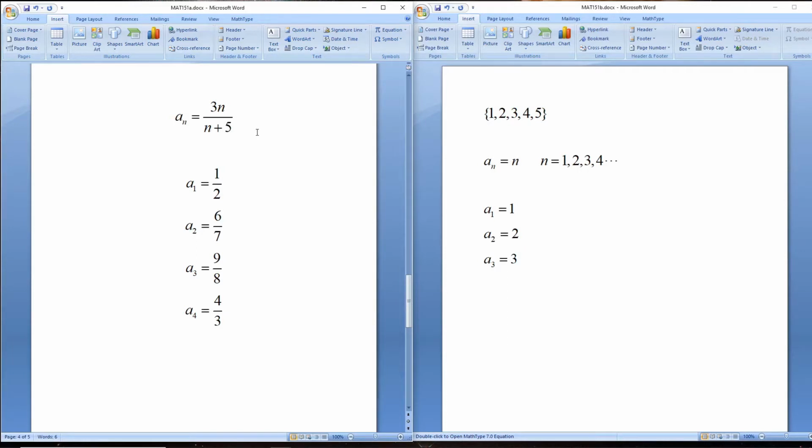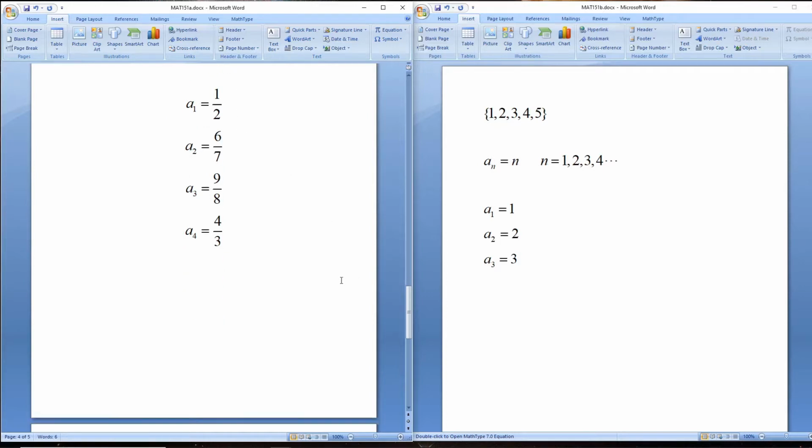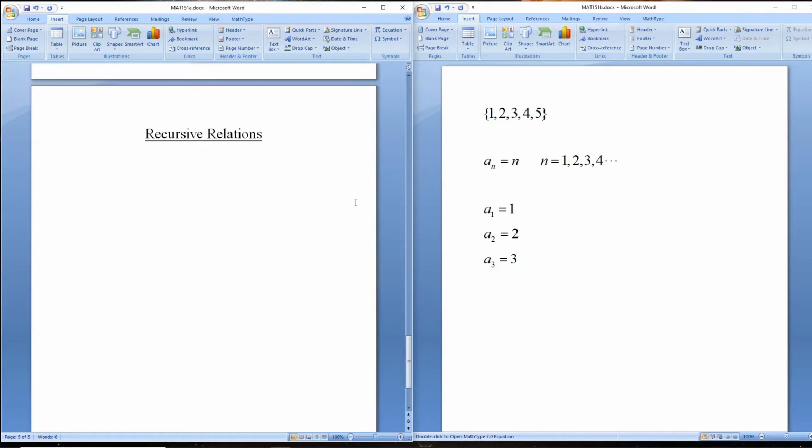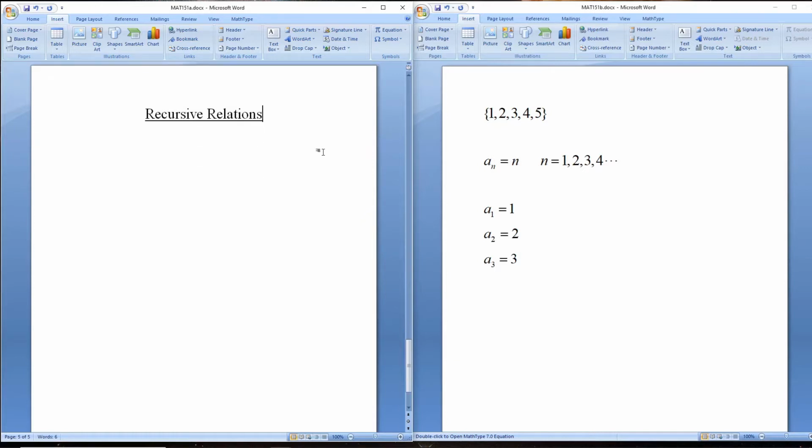For instance, a circle, something as simple as a circle, is not a function. It fails the vertical line test. So not everything can be written as a function, and with sequences, not all numbers can be expressed as a sequence. So there is another way that we can express numbers using recursive relations.